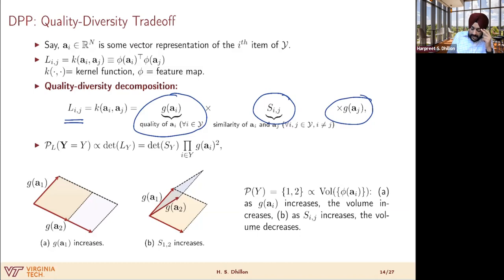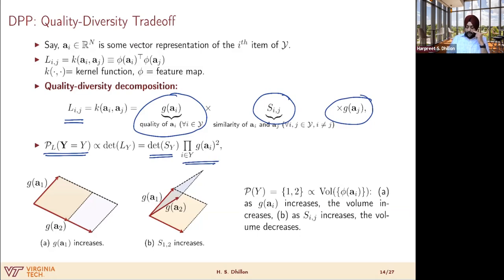So you can also now write the probability PL of Y equals y, which is the atomic probability, as the determinant of SY, the determinant of the similarity term, and the product of these quality terms.